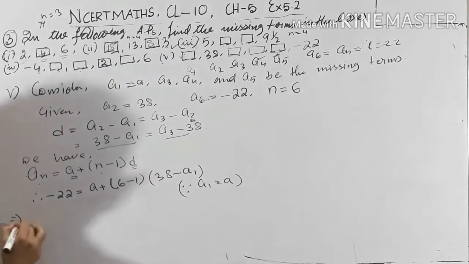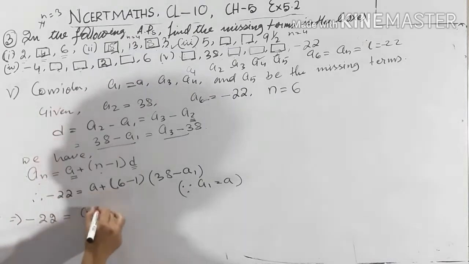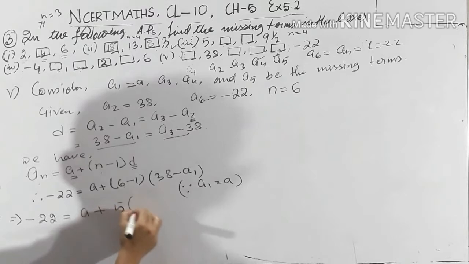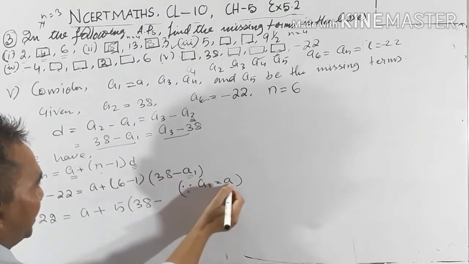Minus 22 equals, first term is not given, it will be 6 minus 1, that is 5, 5 times 38 minus A1. Let us replace this one by A.